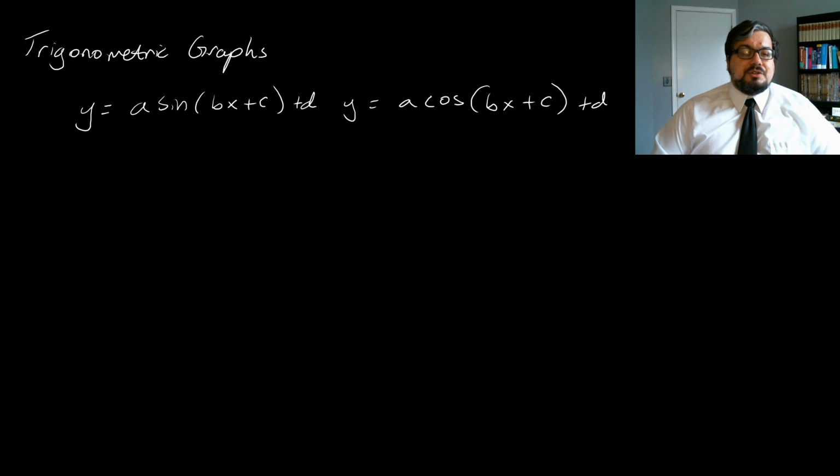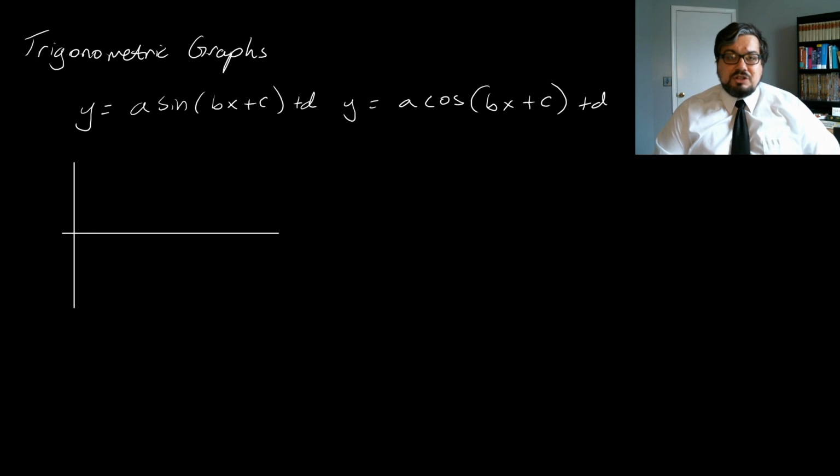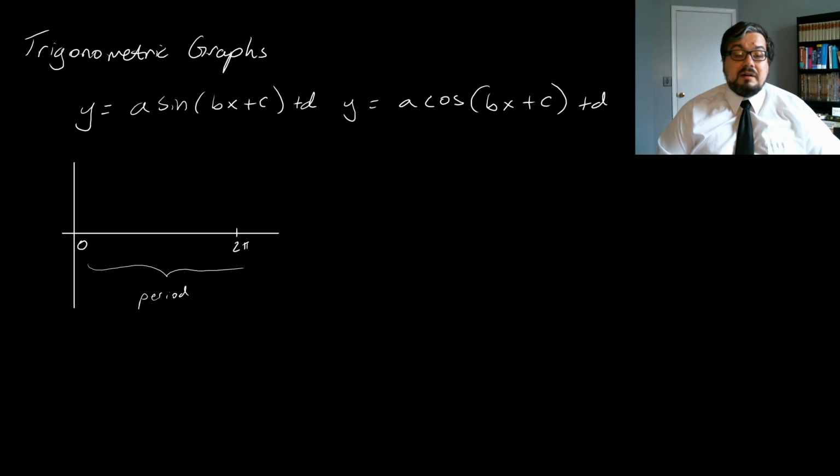The first step to understanding the trigonometric graphs of these variations on sine and cosine is to remember what the graphs of sine and cosine themselves look like. The strategy that we use here is we look at the interval from 0 to 2 pi. We're starting there because that's one period of sine. That's going to wind up being very important.